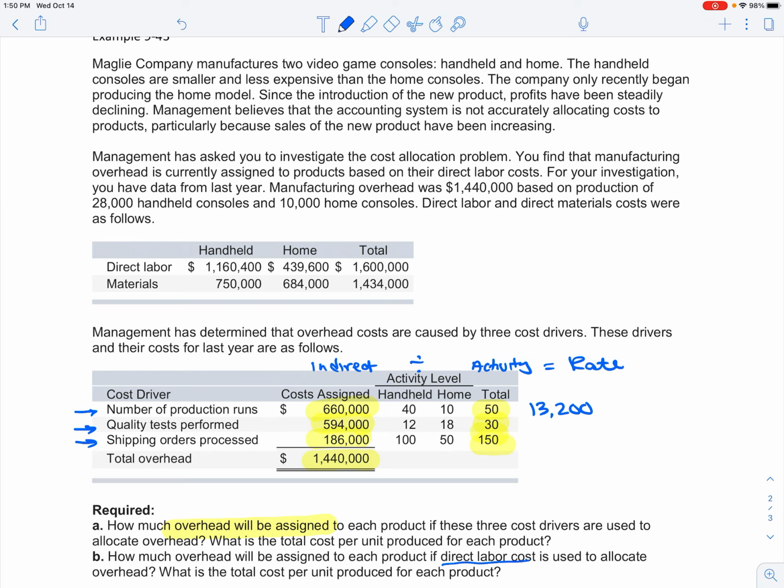For the tests, again, this is that cost driver. We take that total indirect cost, divide by our total activity, and we get 19,800. I'll write over here if you're not following how I got that.